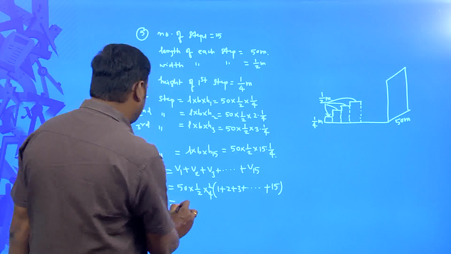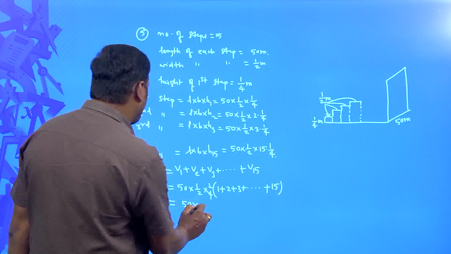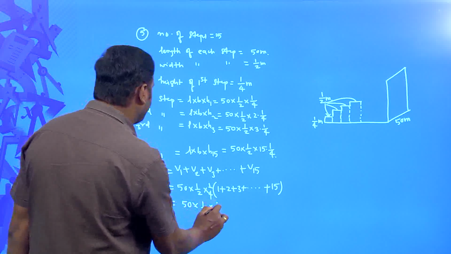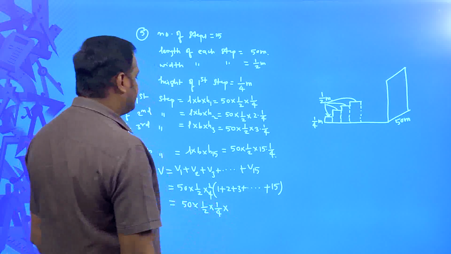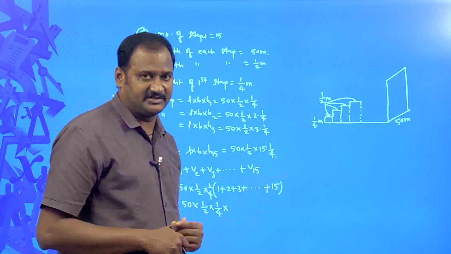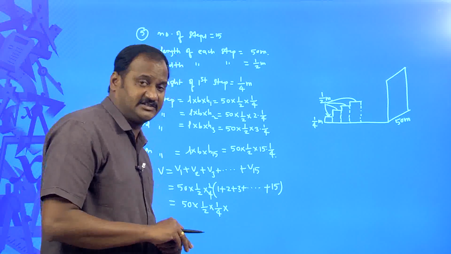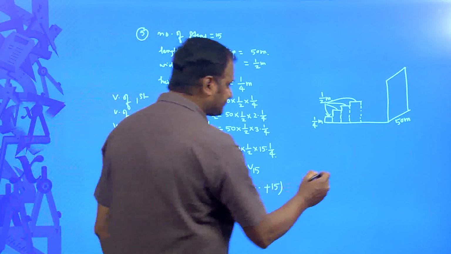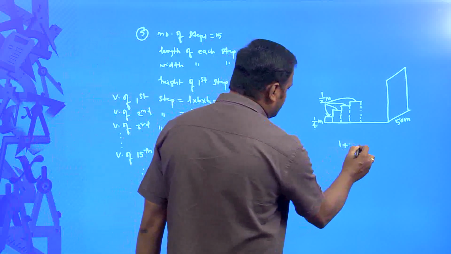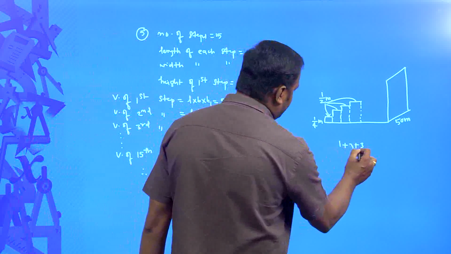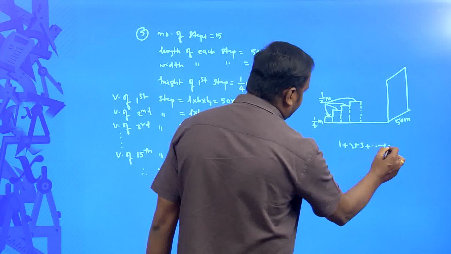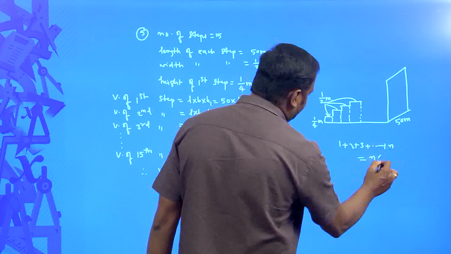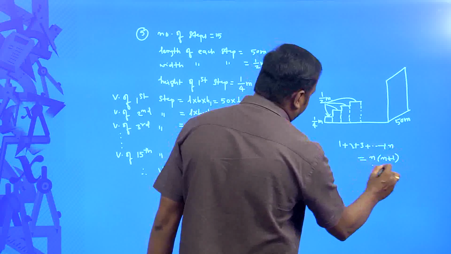So, this is equal to 50 into 1 by 2 into 1 by 4 into, see, this is the sum of the first 15 terms. In the very beginning of the session we discussed the sum of the first n natural numbers: 1 plus 2 plus 3 plus so on plus n is going to be n into n plus 1 divided by 2.